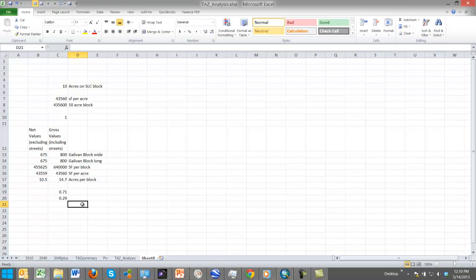That's pretty big. I didn't know it was quite that big. It seems like 20% is pretty typical in a lot of places. This is almost 30% of land in downtown anyway dedicated to the public right-of-way. So, substantial.